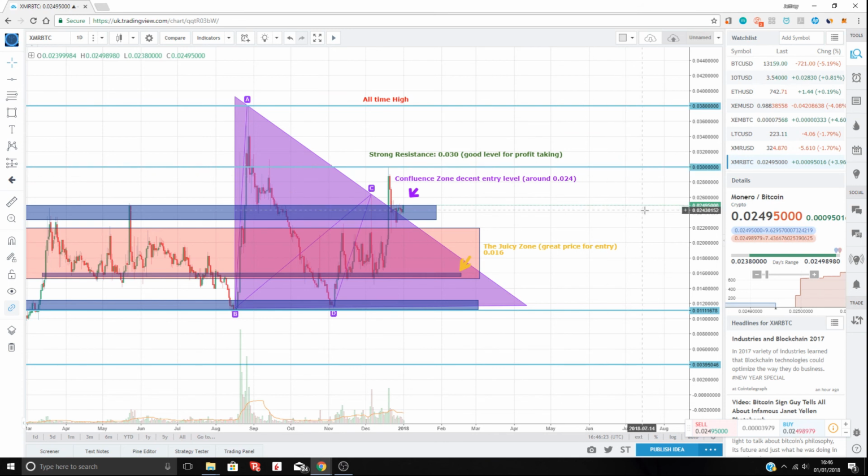Strong resistance at 0.03 right here, this line right here, and confluence zone right here, decent entry level around 0.024, and below that the juicy zone, which would be a great place to get in at, 0.016. I hope that was clear.